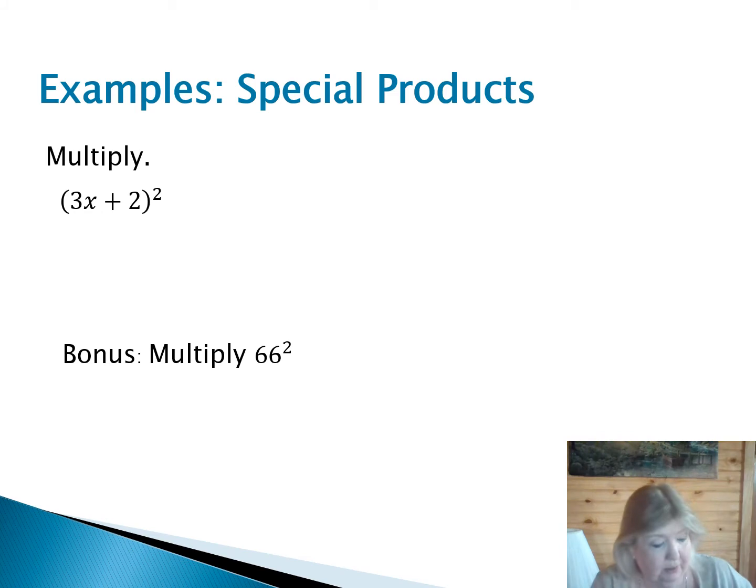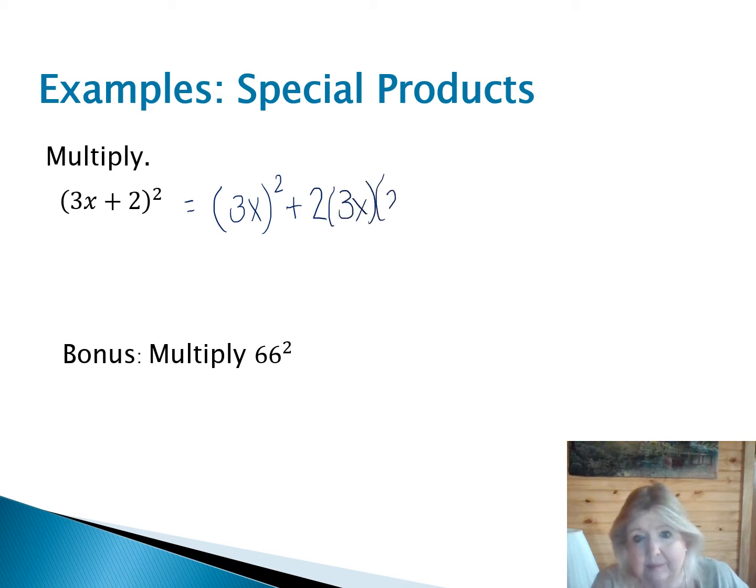Another example, squaring a binomial. Well, according to my formula, that's the guy on the front that gets squared. Same sign as what's in my parentheses. 2 times front times back, plus back guy, B for back guy, squared.